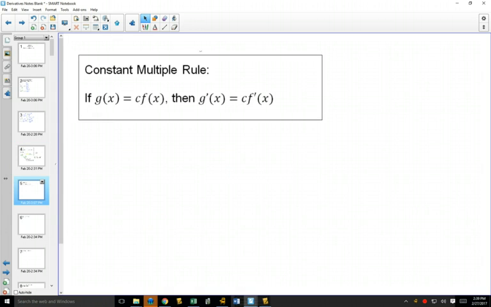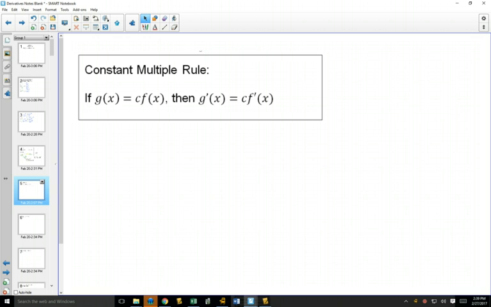And this is what happens if you have any number in front of any function, then that constant just stays there.